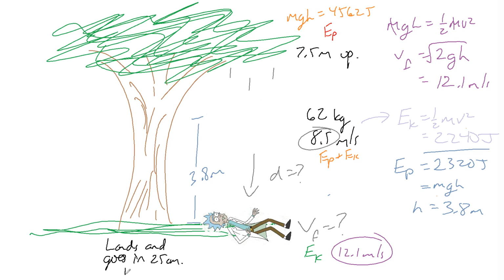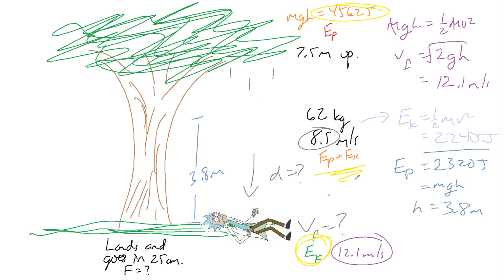So what force stopped him? Well, this kicks into the whole connection between work and energy. At the very beginning, we had about 4,500 joules of potential energy, and that transitioned into all kinetic energy at the bottom, and everywhere in between it's a combination of the EP and the EK.